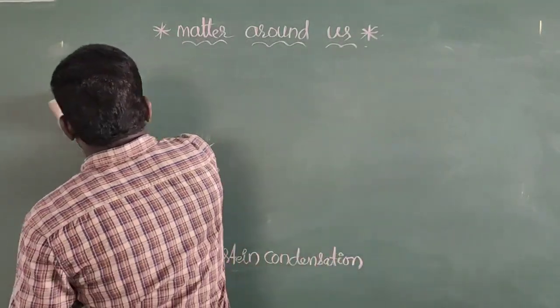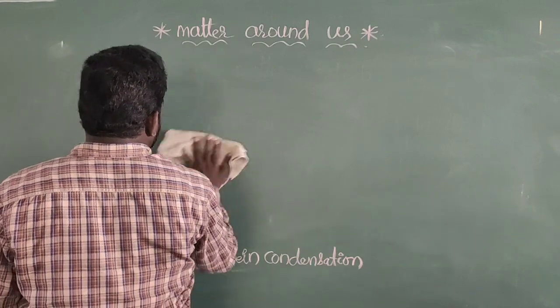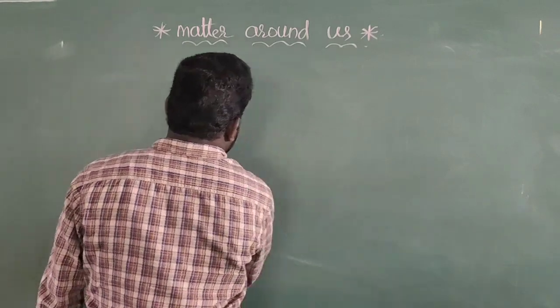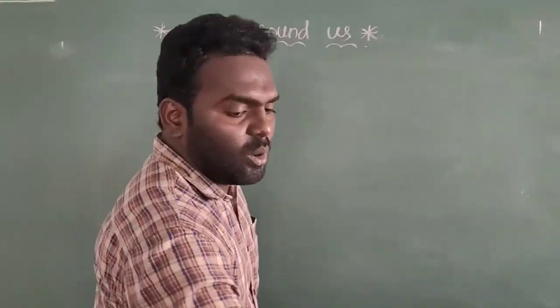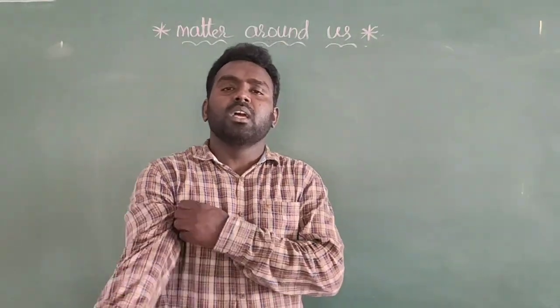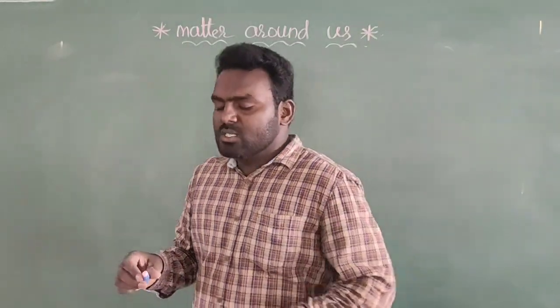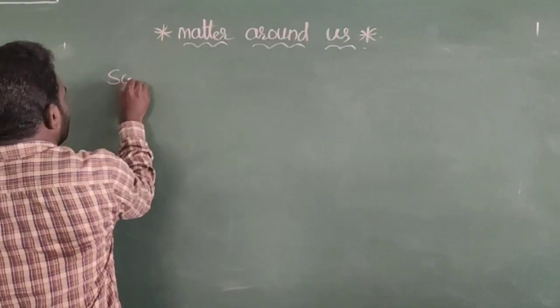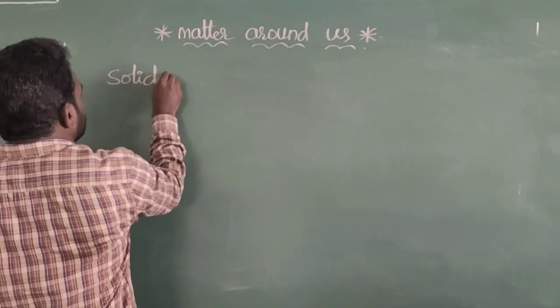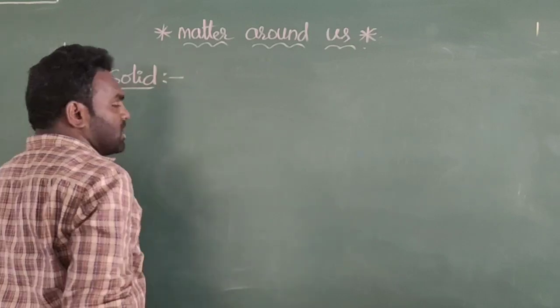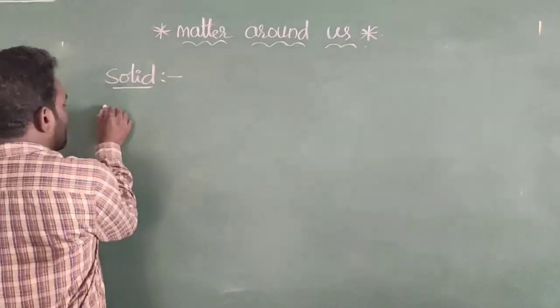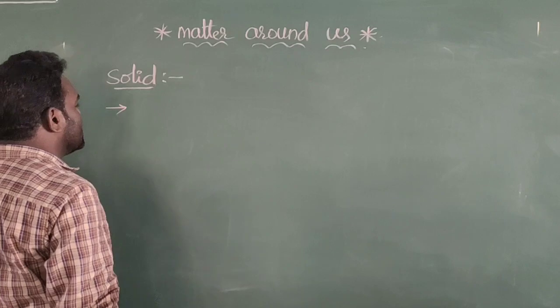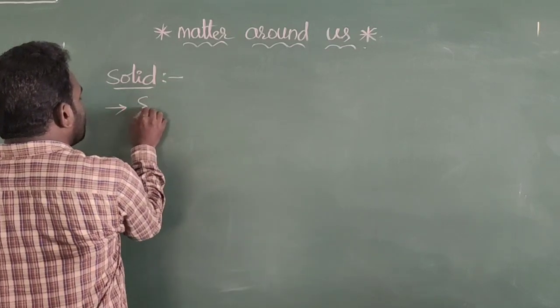Now I am explaining the properties of solids, liquids and gases. First I am going to discuss solid materials. So what are the properties of solids? Step by step, you will see.